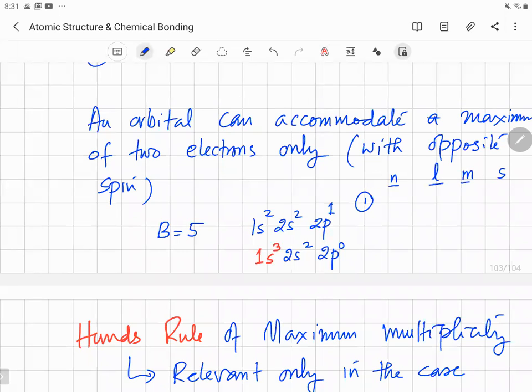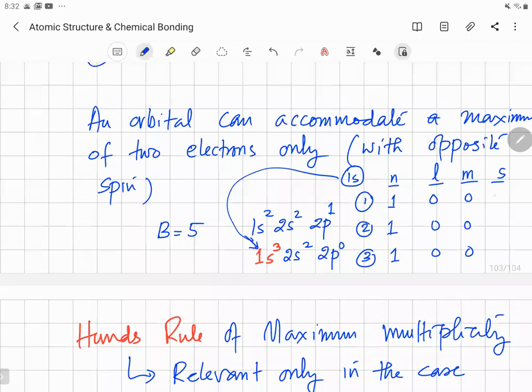For the 1s atomic orbital, n has the value 1 for the first electron, the second electron also has the value 1, and the third electron also has the n value 1, right? Because it is an s orbital, all l's are zero. If l's are zero, all m's should also be 0.